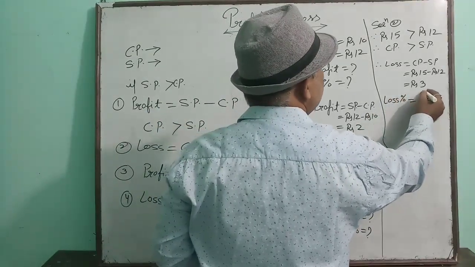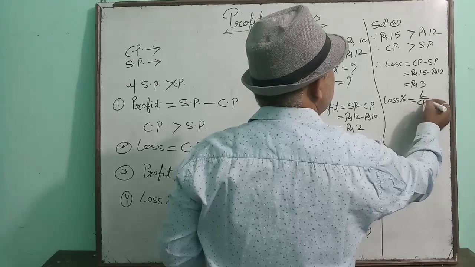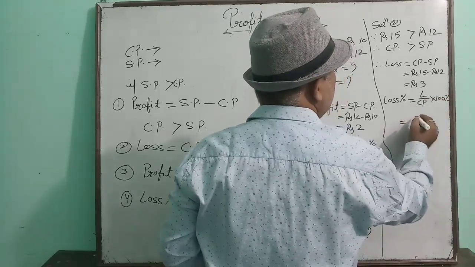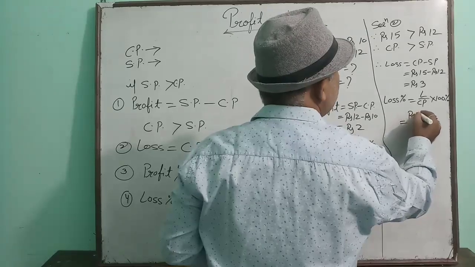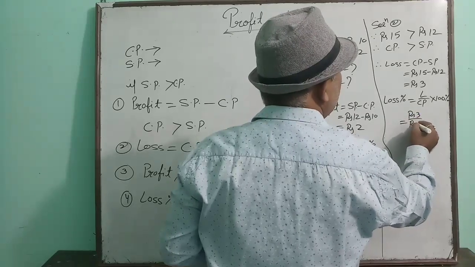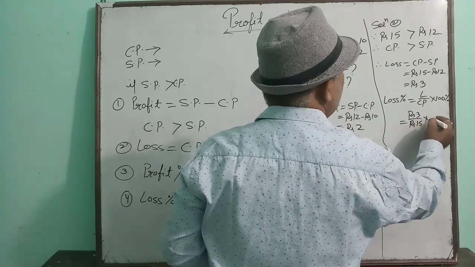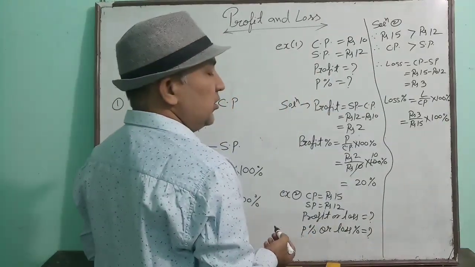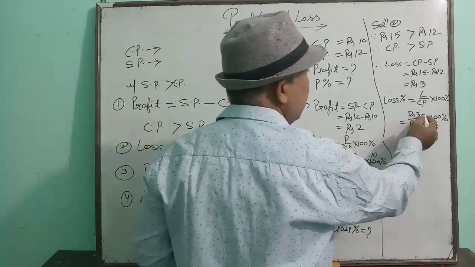What will be the loss percent? Loss upon CP into 100%. Loss is rupees 3. Cost price is rupees 15, into 100%. Now solve and get your answer.